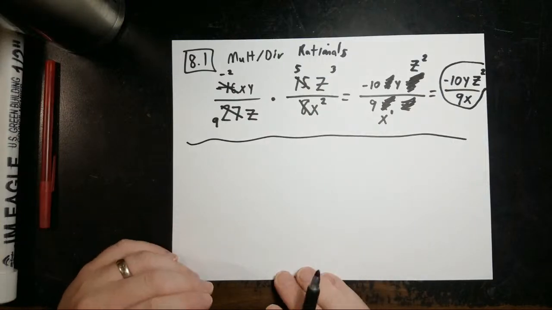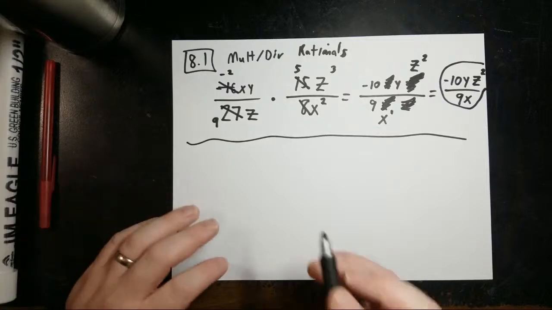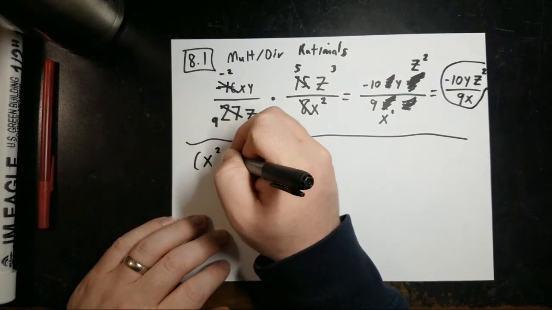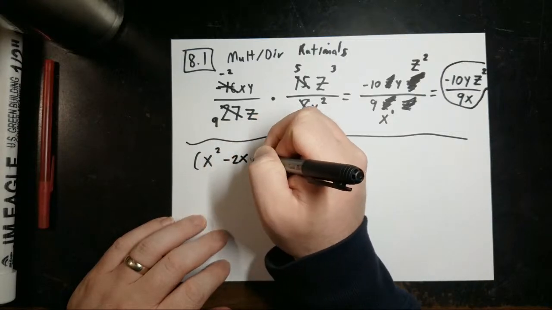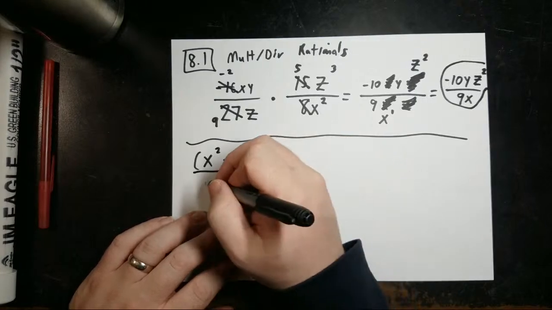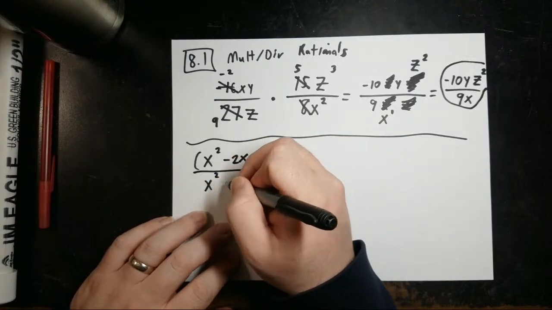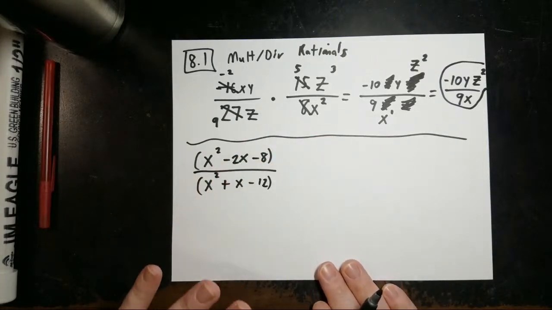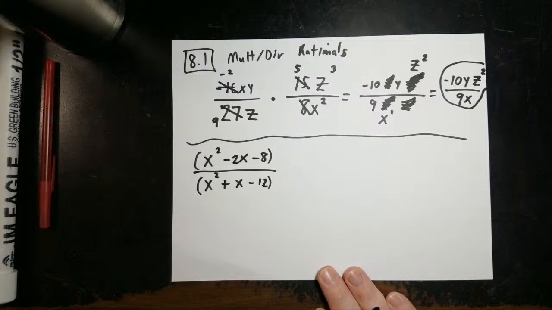This one's not going to dive off the deep end, but it's going to be kind of nice. X squared minus 2x minus 8 over x squared plus x minus 12. Now, I'm adding in the parentheses myself. In the original problem in the textbook, there are no parentheses.